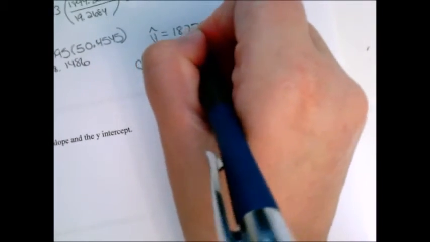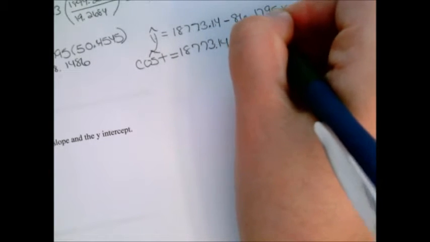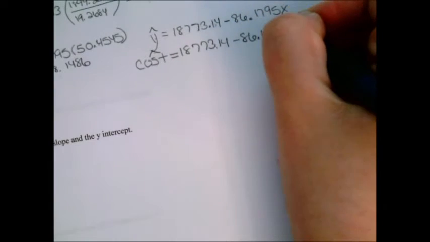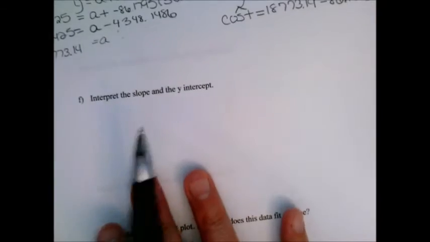Now to put this in AP context, remember y meant the cost. So hat cost, 18,773.14 minus 86.1795 times miles. Okay? So there's the context. Interpret the slope and the y-intercept.